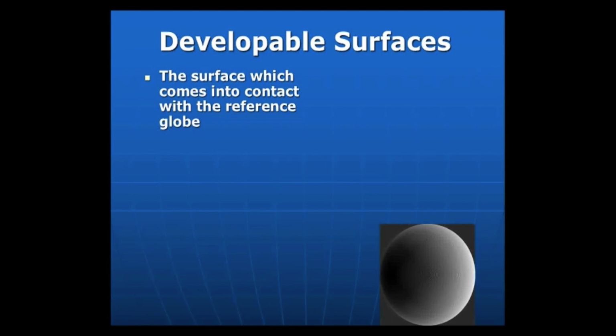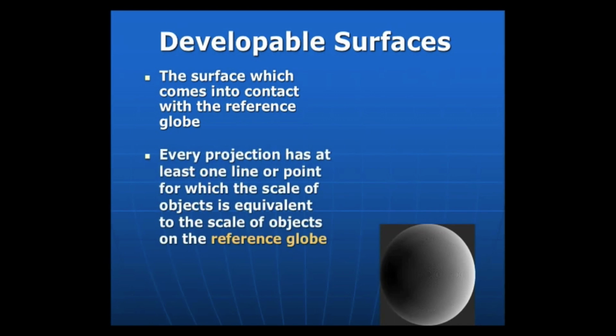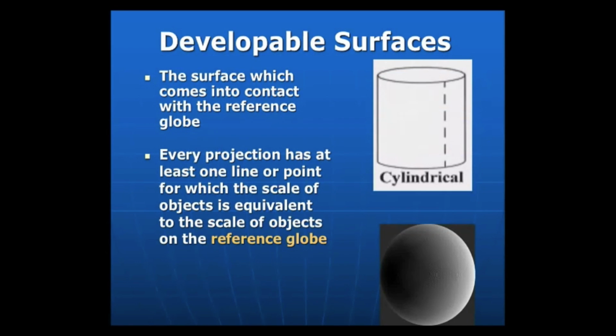So let's talk developable surfaces. The surface which comes into contact with the reference globe. Every projection has at least one line or point for which the scale of objects is equivalent. So if we put a cylinder and we project the globe outward, where would the developable surface touch the reference globe?